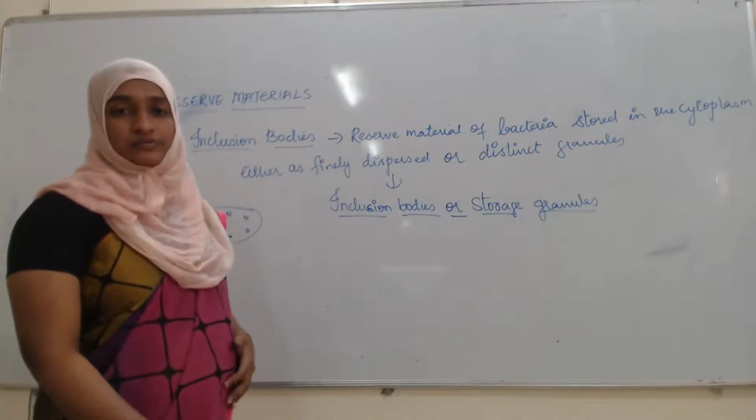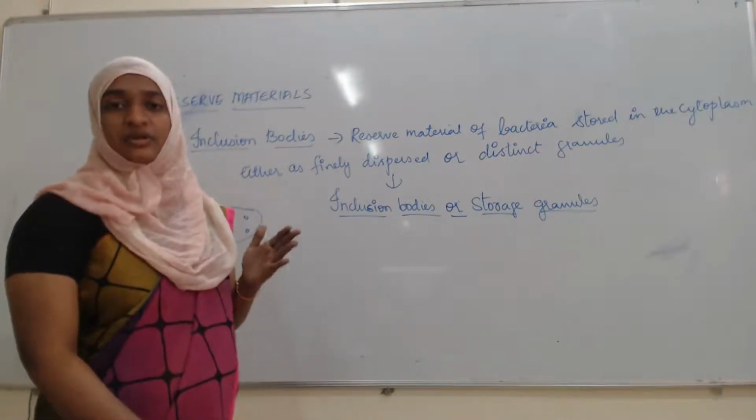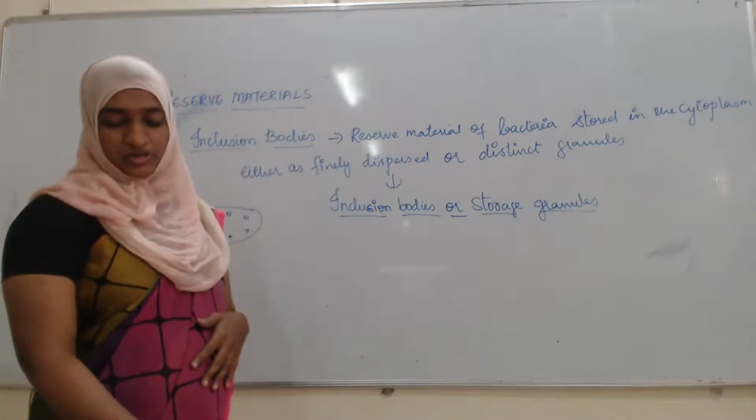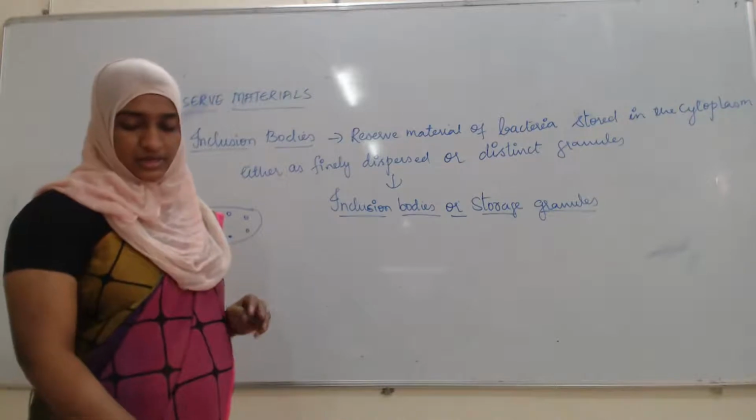On the basis of what they store, the reserve materials or the inclusion bodies are of three types. How many types of reserve materials are there? There are three types.